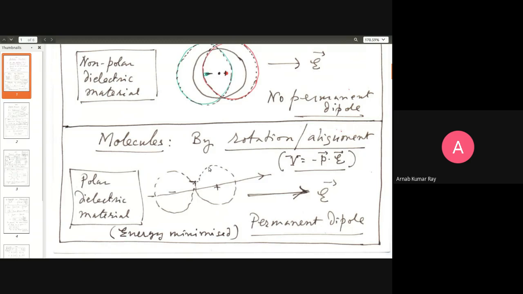I hope you know that water is a very useful, readily available solvent. Water has very important properties, right from the anomalous expansion of water to all this polar behavior. So water is an astonishingly helpful liquid.